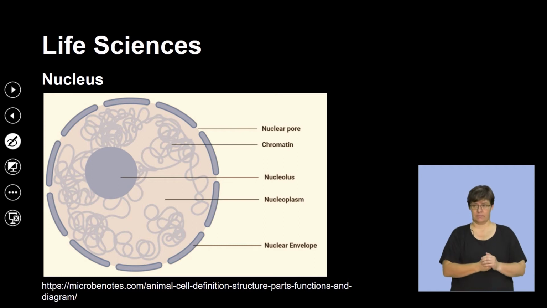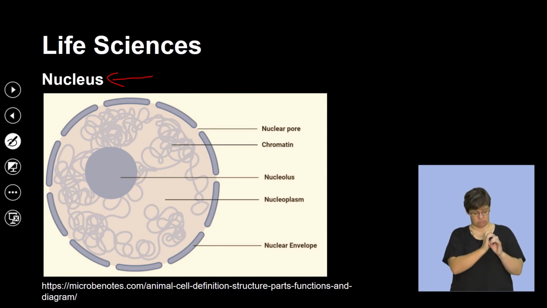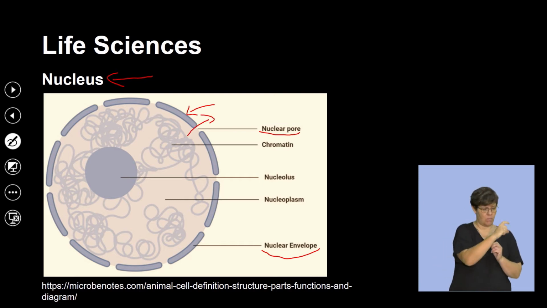So central to a cell is an organelle, which is called the nucleus. I've zoned in on the nucleus and been enlarging that significantly. The nucleus is a membrane-bound structure, a double membrane-bound structure, which is also called the nuclear envelope. It has these nuclear pores or openings which allow for the movement of substances into and out of the nucleus.